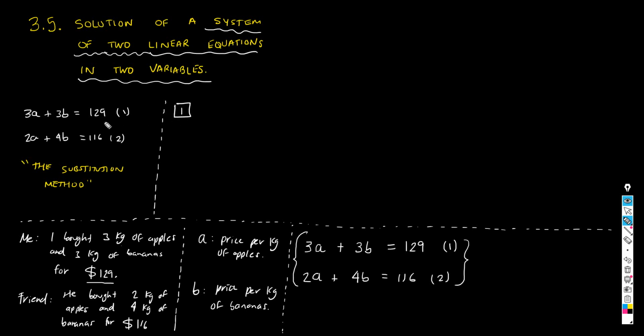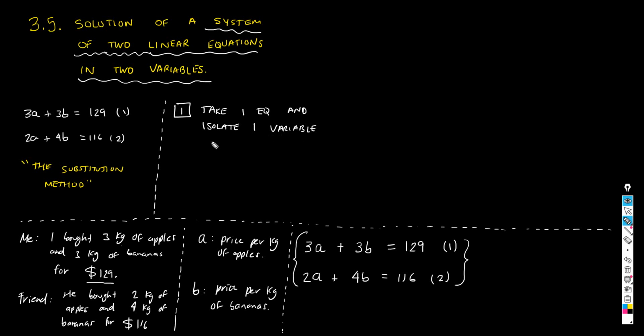Okay, step number one, you take one equation, either one or two. It does not matter which one. Take one equation and isolate one variable. What variable? It doesn't matter.